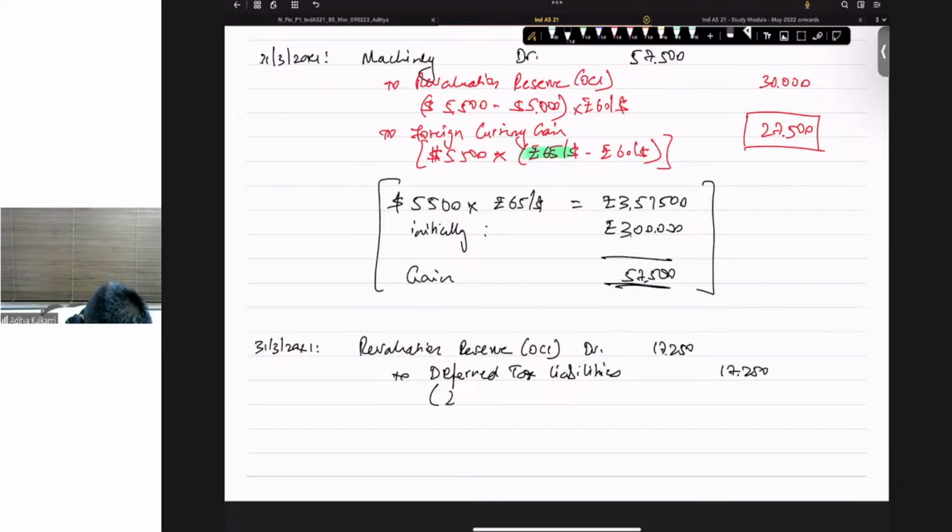How did I get it? Well, 57,500 into 30%, 17,250. Why is it a deferred tax liability? Why is it not an asset? All these things we will discuss in the next class, that is coming Tuesday. But until then, just record this entry and keep it.